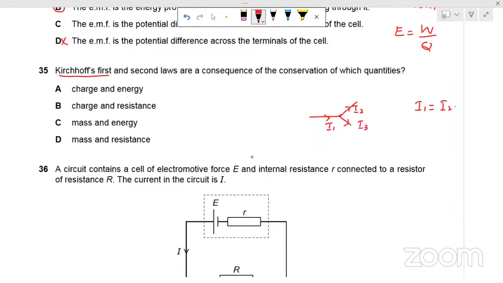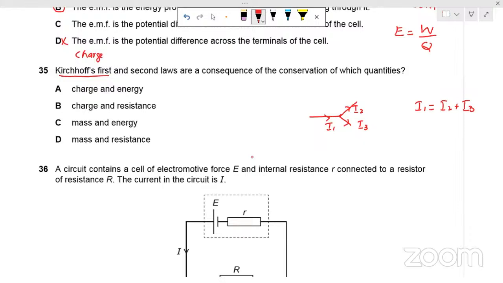So this is the consequence of conservation of charge. If the current entering a point is equal to the current leaving that point, that is only possible when charge is conserved. If charge is lost or gained, then that is not possible.